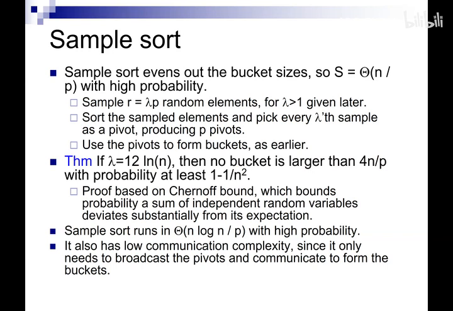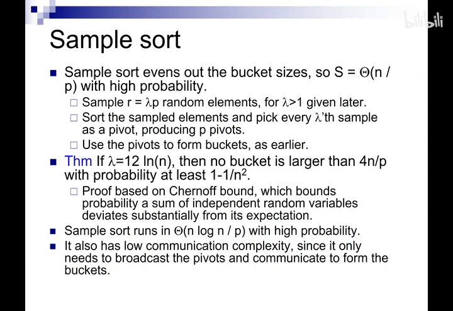So if you pick lambda to be basically log of the number of elements, then we can guarantee that within a factor of 4, you get perfectly balanced buckets, and this happens with very large probability very close to 1, because your n is going to be large.